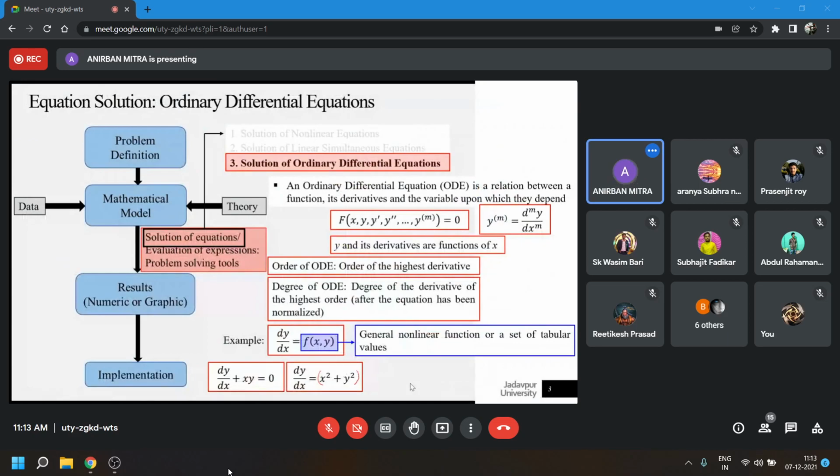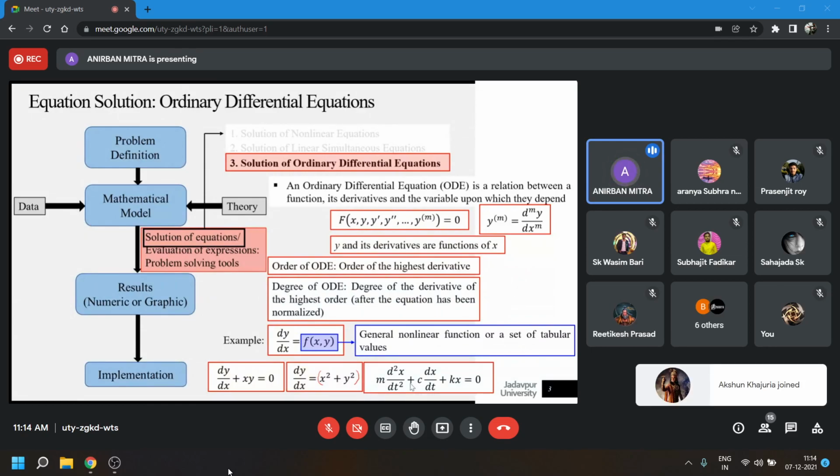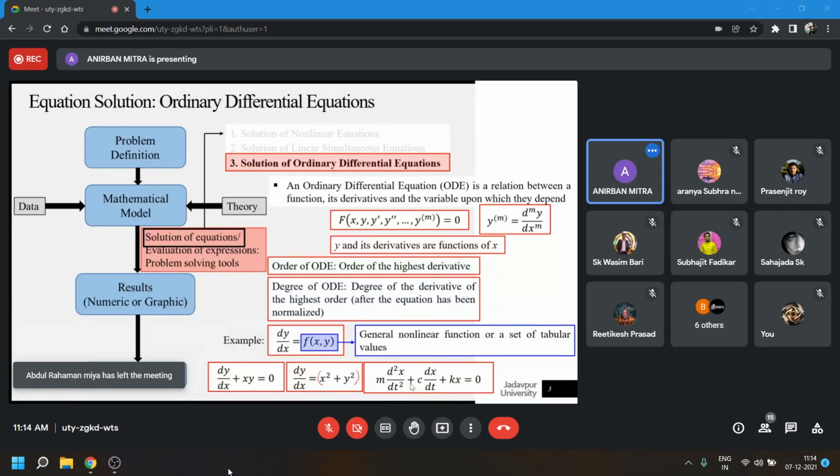Both of these equations are first order systems. The next equation that we will consider is a second order system. As you can see, a second order derivative, d²x/dt², is present, and as a result it becomes a second order ODE.